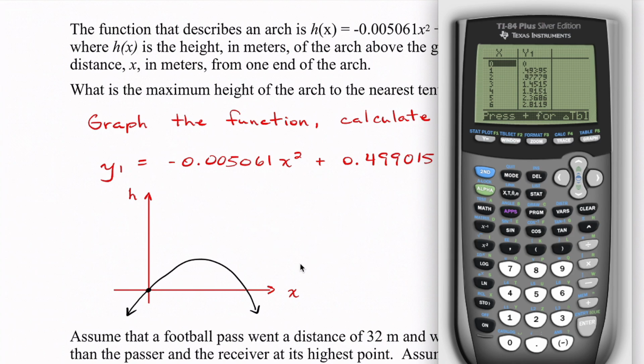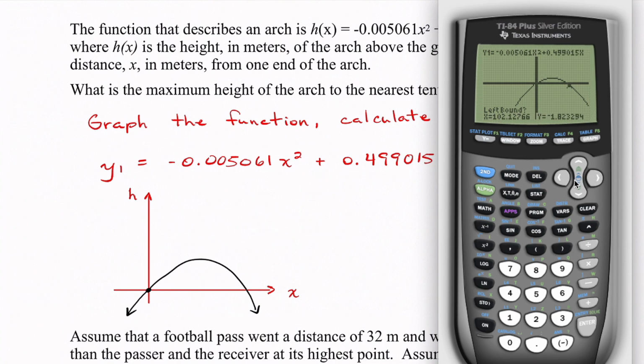Okay, and another characteristic that's going to be important, it's not asking for it, but I can show you how to find this. This crossing point right here, that's an x-intercept. So to find that, we go second calc, and it's going to be option number 2, because this is at a height of 0. So you click number 2, and I'm going to scroll all the way over to that right-hand point.